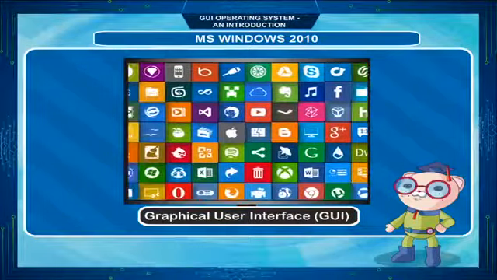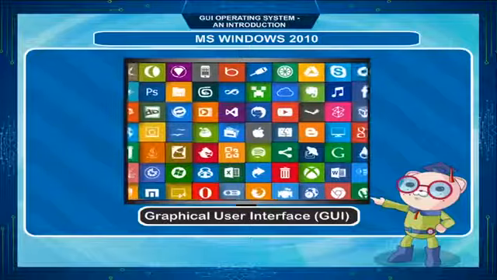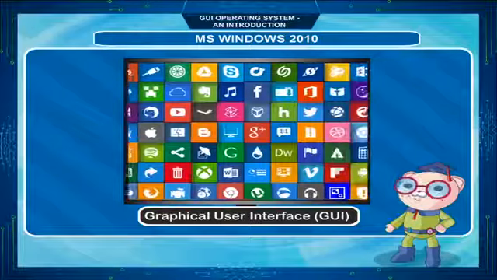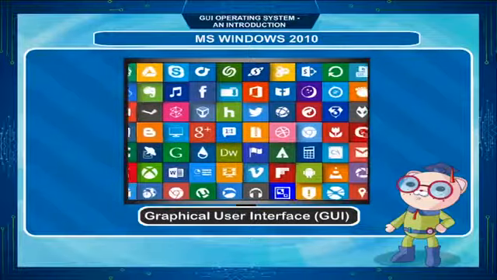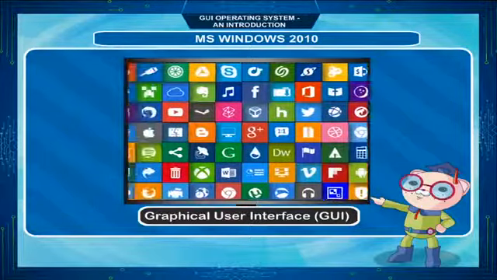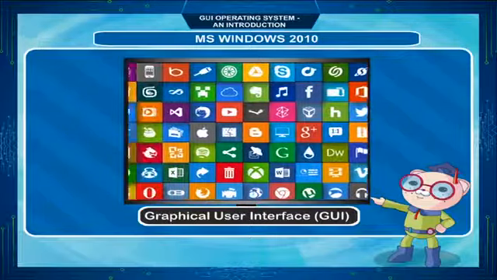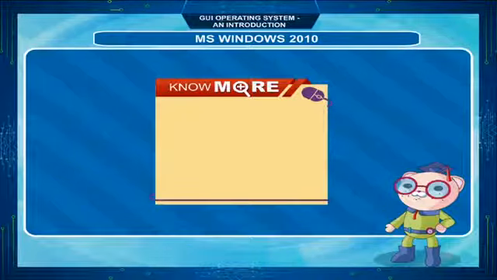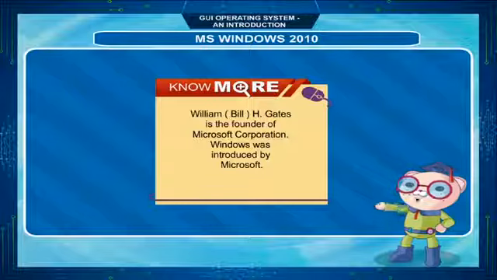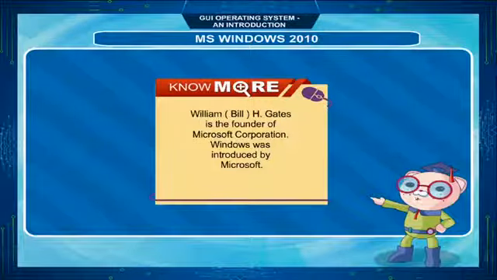A graphical user interface or GUI offers graphical icons and visual indicators. The actions are usually performed through direct manipulation of the graphical elements. Bill Gates is the founder of Microsoft Corporation. Windows was introduced by Microsoft.